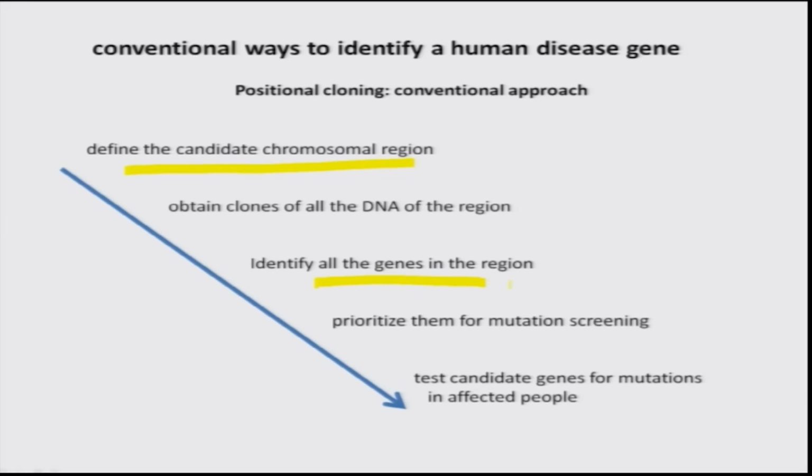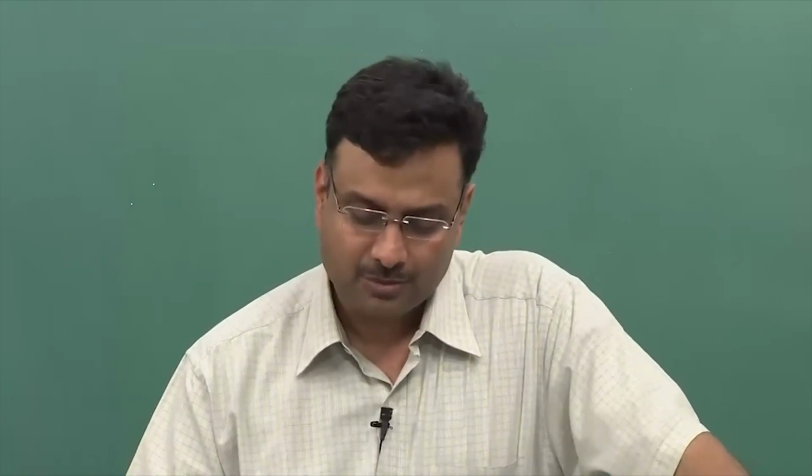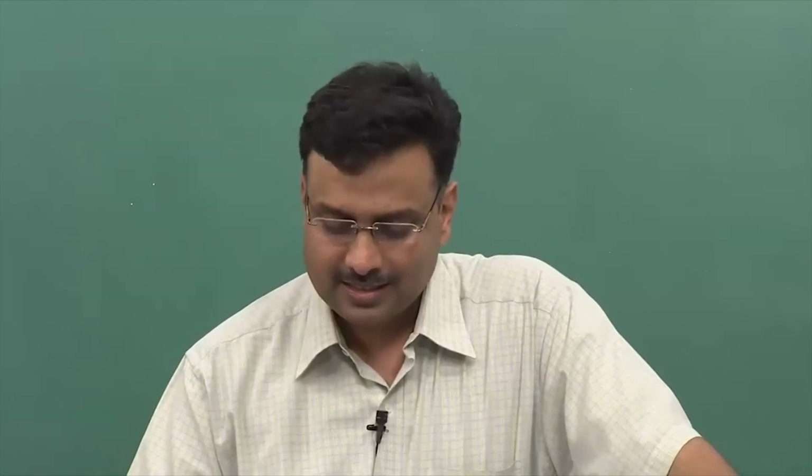Based on some features, for example whether the gene is expressed in the tissue normally affected in the disease condition, you prioritize your gene list and look for variations or mutations in the gene. By repeating this one gene after the other, you will be able to identify possibly the gene that causes the disease condition.